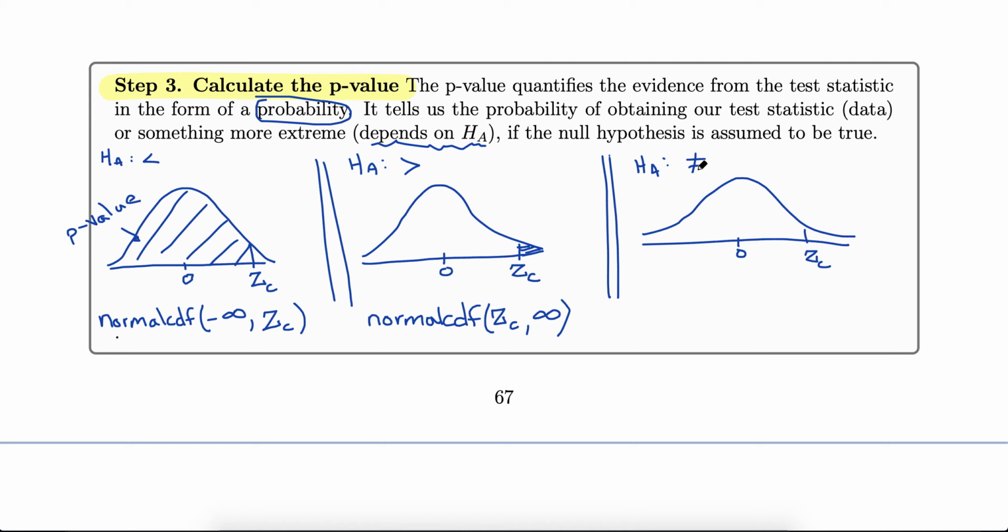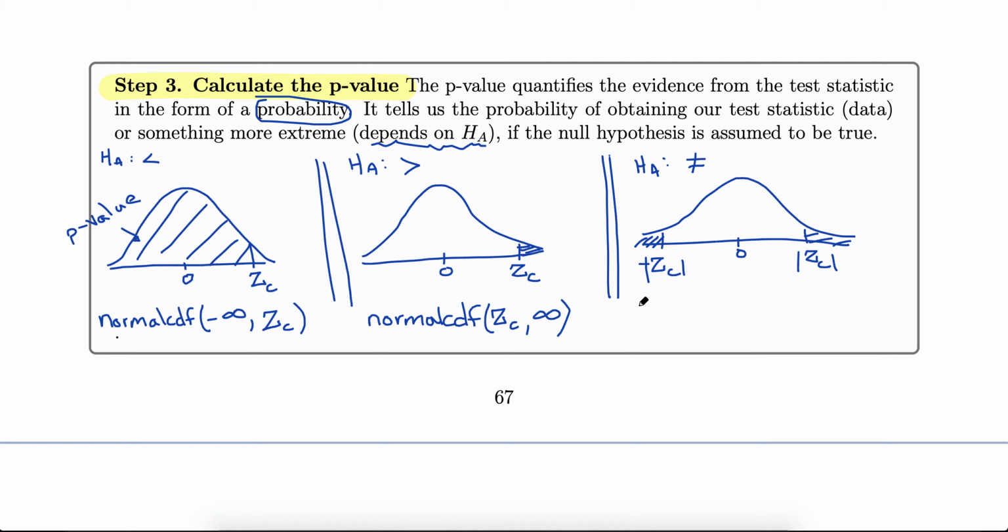The not equal to means I want to consider the chances of my data being that far off either in the positive direction or in the negative direction. So I'm going to look at the negative version of my test statistic. I'm going to put absolute values here to be correct, so above the positive version or below the negative version. And that's why this was called a two-sided test in our first video. I'm looking at two tails, or two options, here.